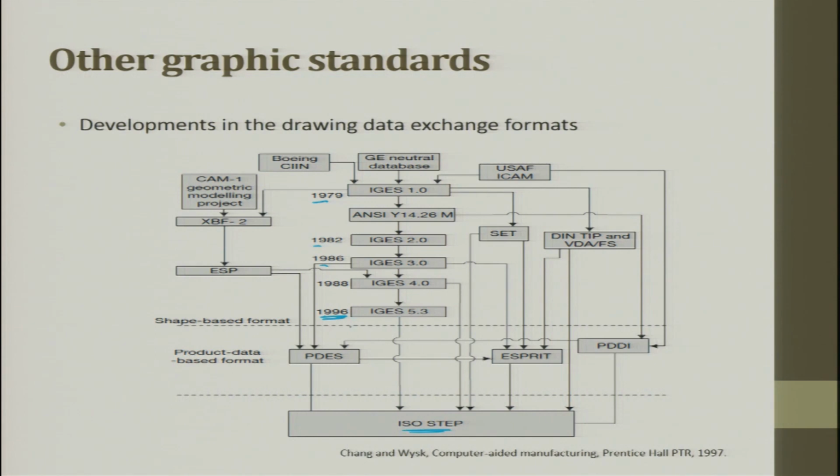And in between, IGES 3.0 led to PDES, which is nothing but product database format, and PDDI, they all came into existence. Here it is shape based format, drawing, initial shape based format, then product database format, and finally from all this evolution, today we talk about STEP, wherein the process details are also attached with the feature whatever is getting generated.